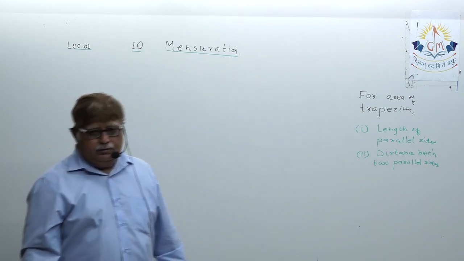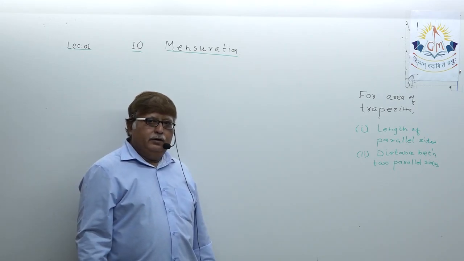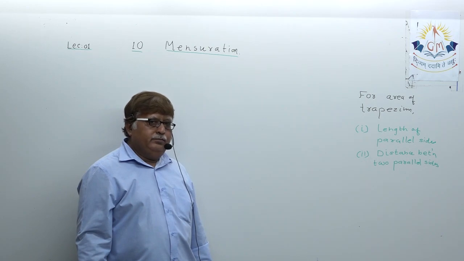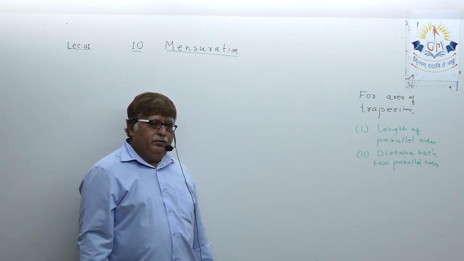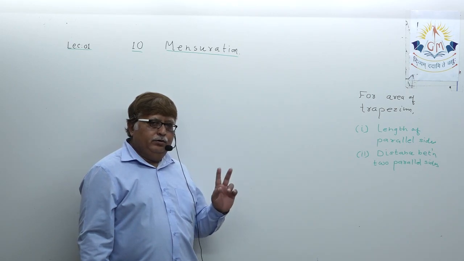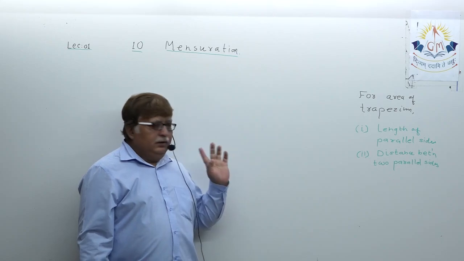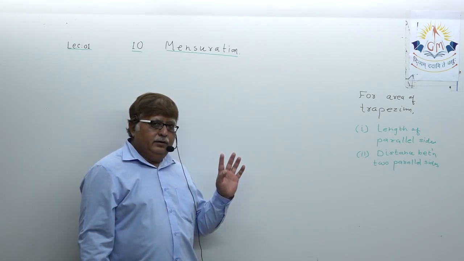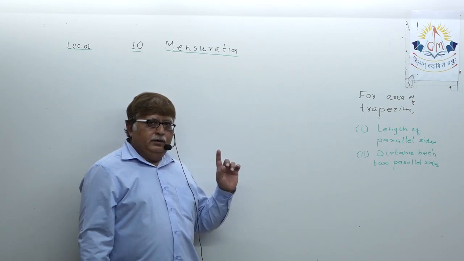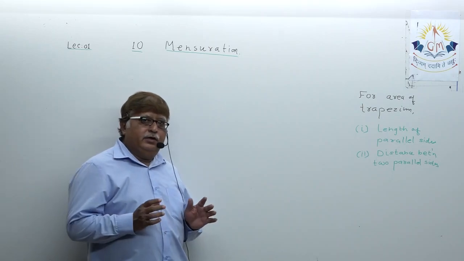If you want to find area of trapezium, you need to have the knowledge of two things. First, length of parallel side, and second, distance between parallel side.